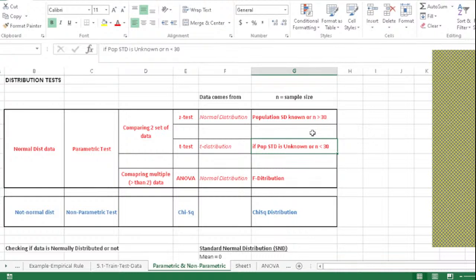Let's say I have IQ scores of school 1, school 2, and school 3, right? I've taken samples of the IQ scores from three schools, or three institutions, whatever you want to call them.